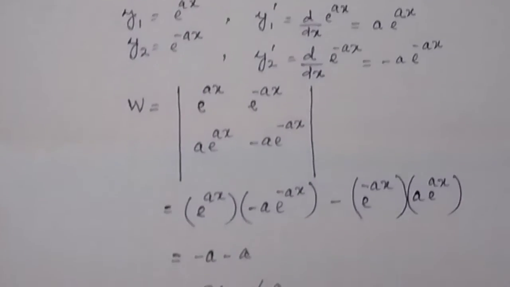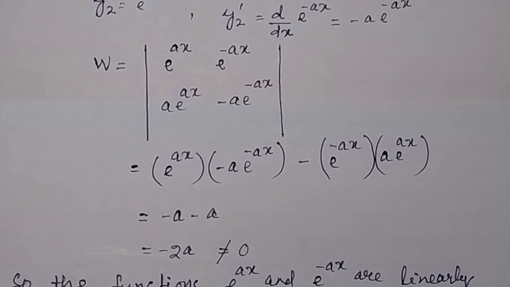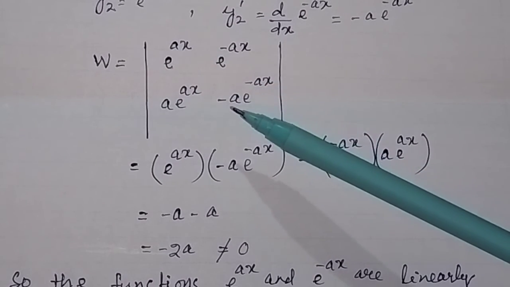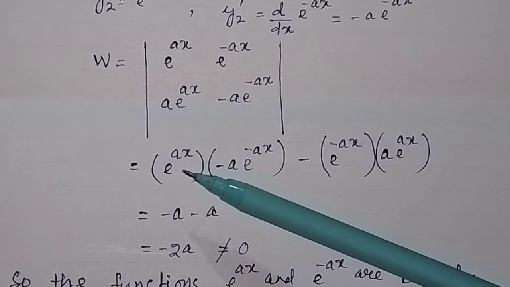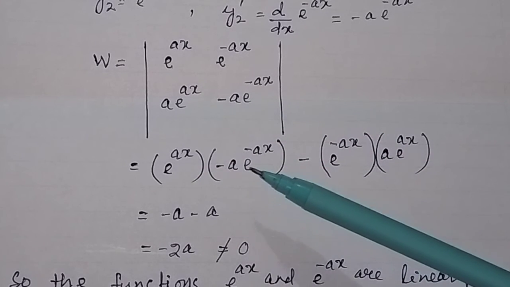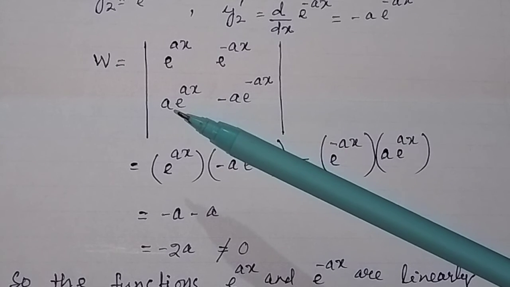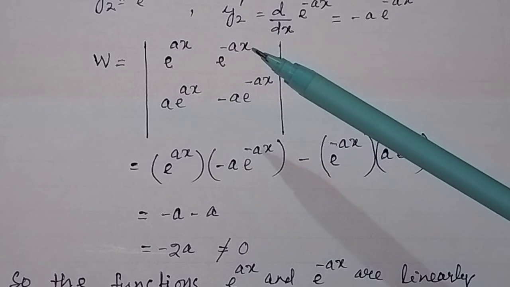In the determinant, you multiply e to the power ax with minus a e to the power minus ax, minus the multiplication of a e to the power ax into e to the power minus ax.